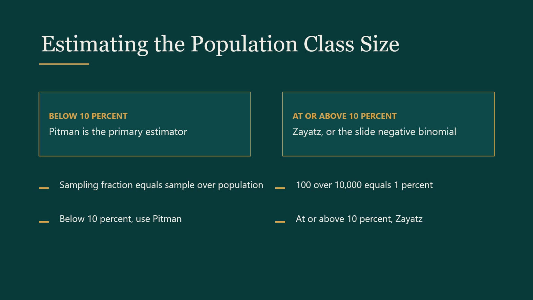Pitman's model is a Bayesian estimator built on the Pitman sampling formula, which generalizes the Ewens sampling formula, and it performs best exactly where health releases live, at very low sampling fractions. Both our examples sit far below 10%, so both are Pitman territory. Name the fraction, name the rule, name the estimator.